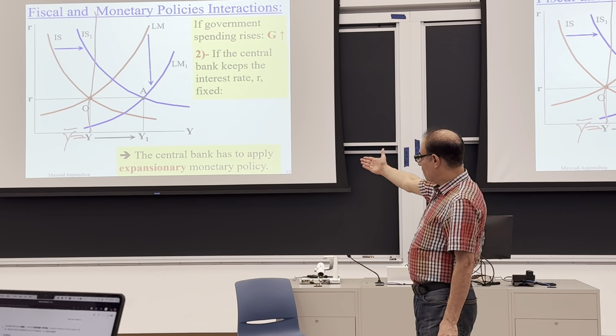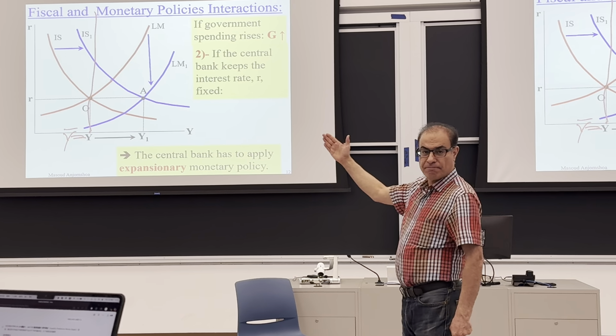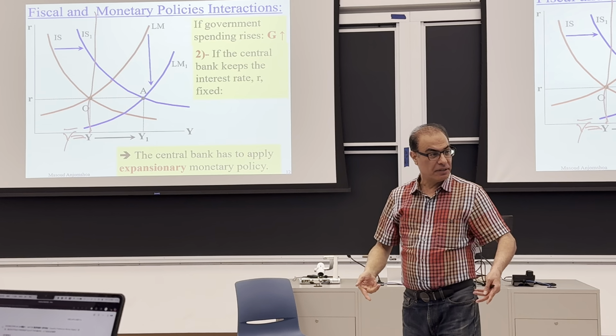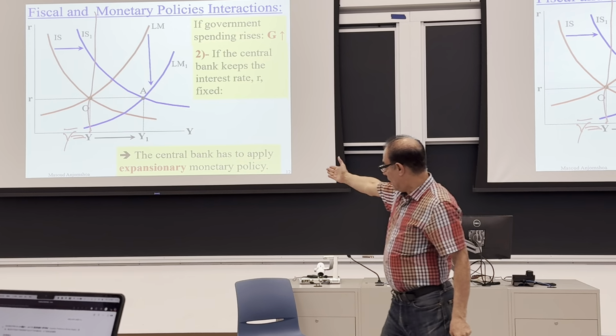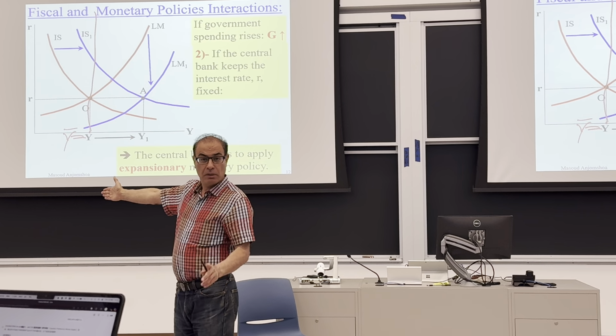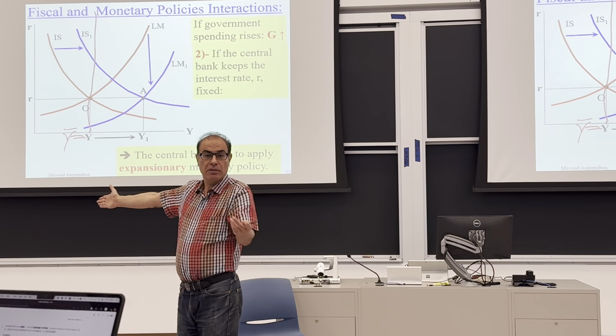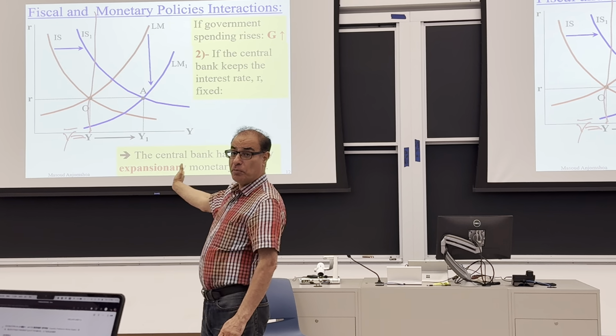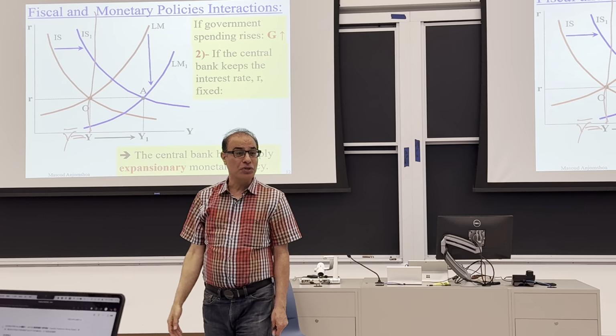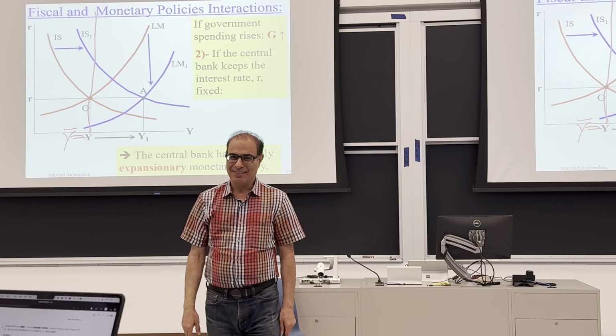So look at that: increasing G overheats the economy. You remember the table I gave you in chapter 10? When output goes above Y bar, in the long run what happens? Price goes up, so you're going to get inflation. And if you increase the money supply on top of that, it makes the situation even worse.